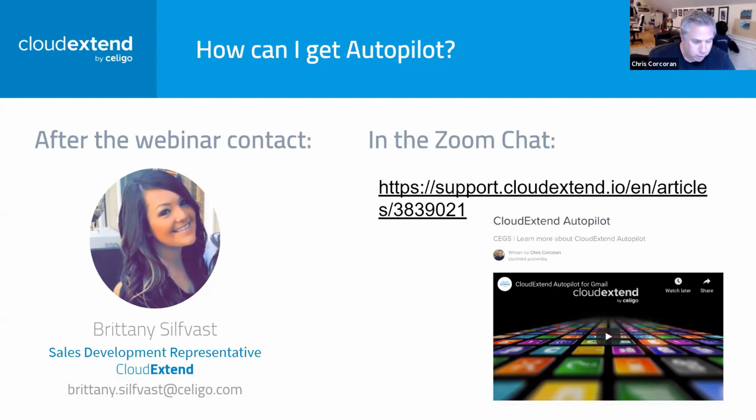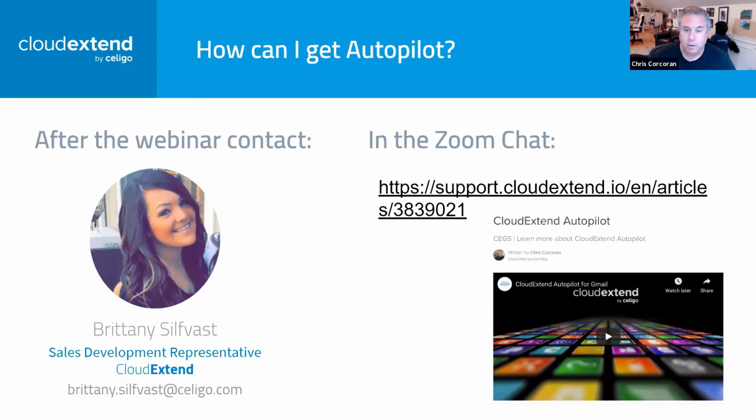Okay, this next one we may have to take offline, but I'm going to read it out loud anyway so we know. Will Autopilot work for Gmail messages related to project tasks? I believe the reason this person is asking is that the NetSuite project task record does not expose the messages tab. So they've deployed our Gmail tab to that particular record.